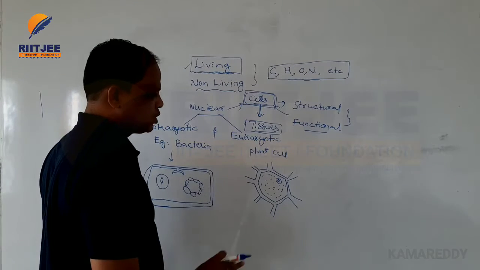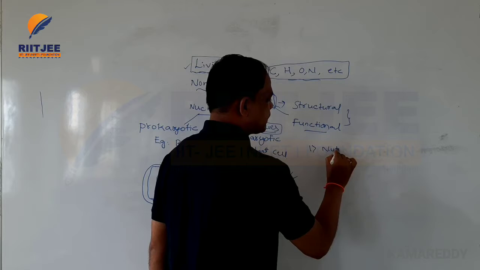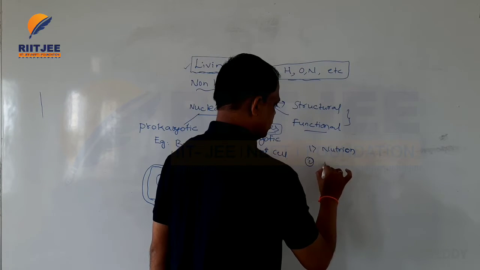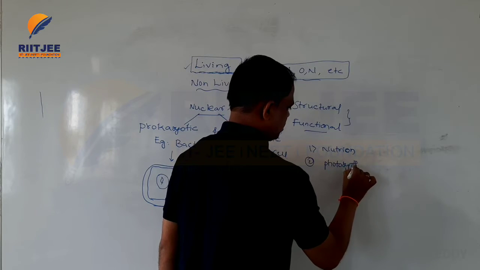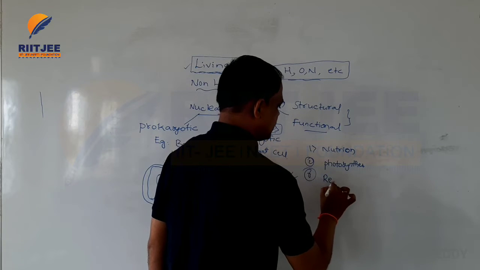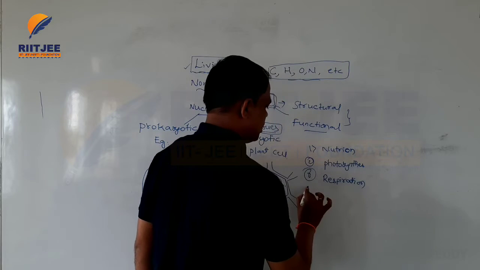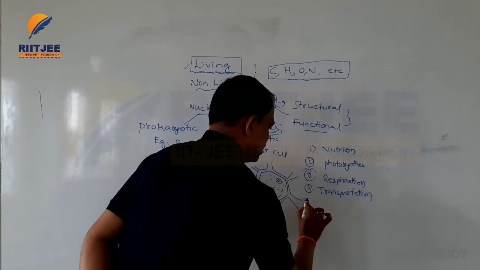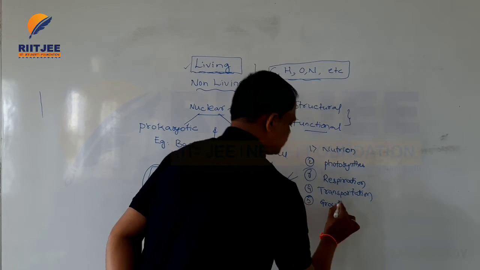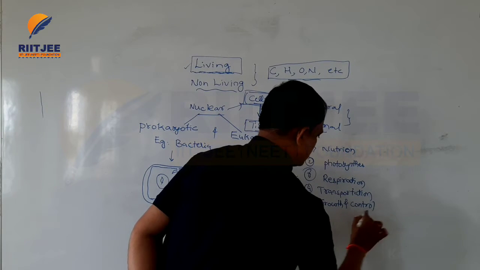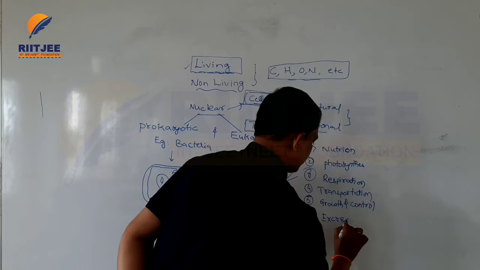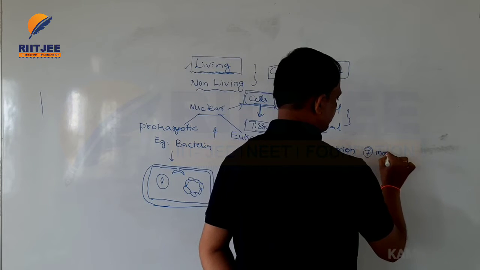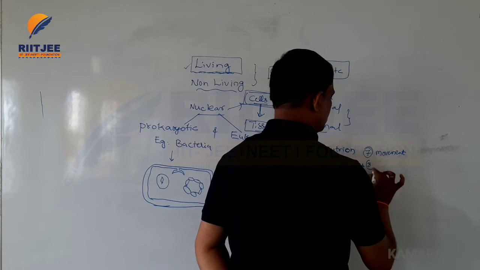For example: nutrition, photosynthesis, respiration, transportation, growth and control, excretion, movement, nervous systems.